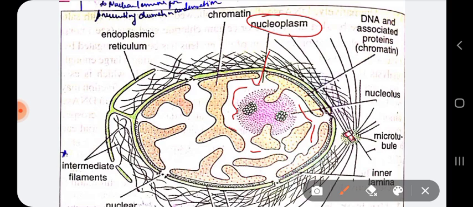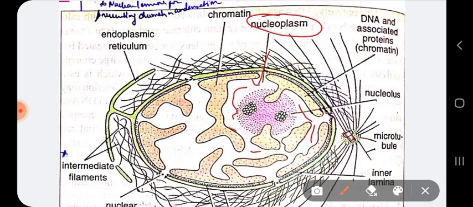It is a form of protoplasm which surrounds the chromosomes and nucleoli inside the nucleus, and various types of proteins and enzymes dissolve within this nucleoplasm.